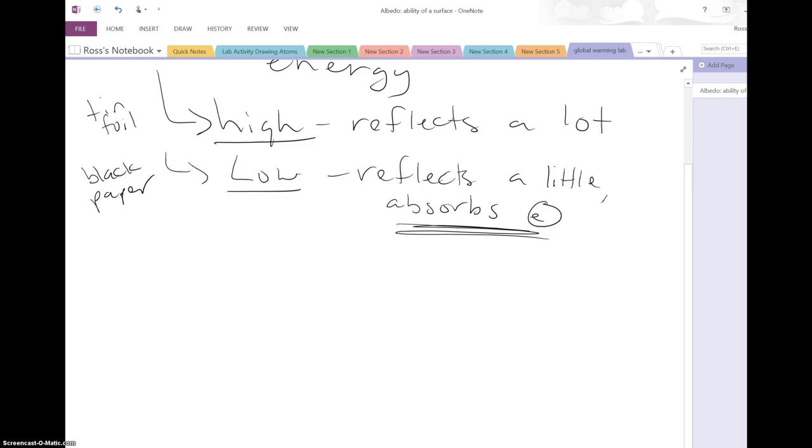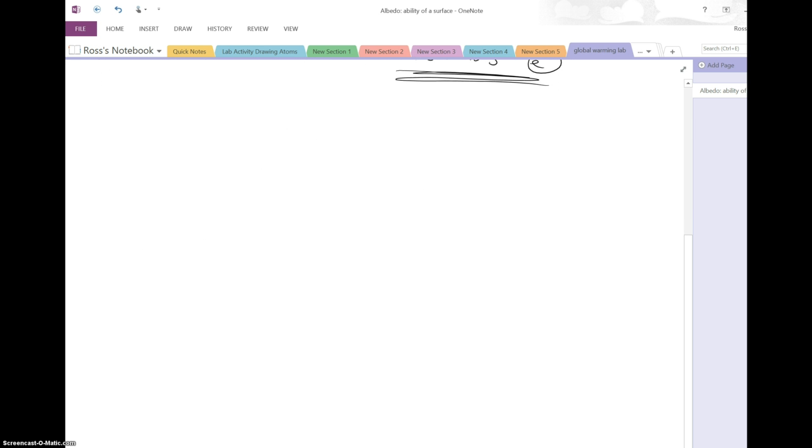So we're going to move this down a bit, and we're going to take a look at each object, each material that we used in the lab. The first thing that we used was the cup. What could the cup possibly represent? Well, the cup is the holding container for everything else that we're doing, and it's where we're measuring the temperature of the air. So really, the cup represents the Earth as a whole, including the air.